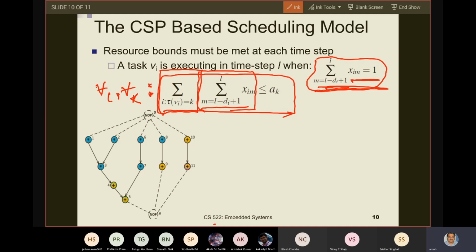AK is the total number of processors of type K, and the LHS is saying what is the total number of tasks that can be executing on processors of type K at a given time step L, and this number has to be less than or equal to AK. Give me a yes if you have understood this. Then we will understand this through the example.